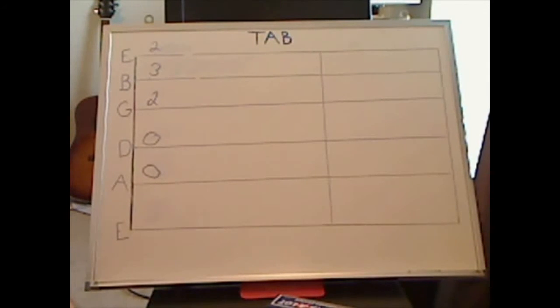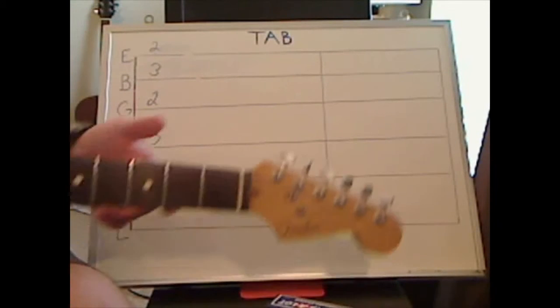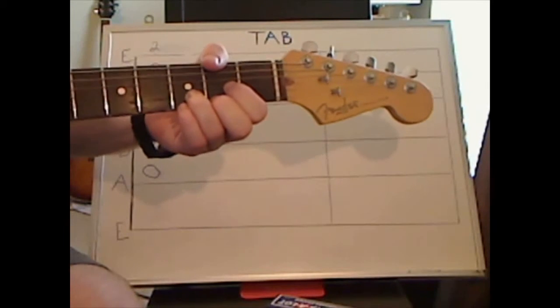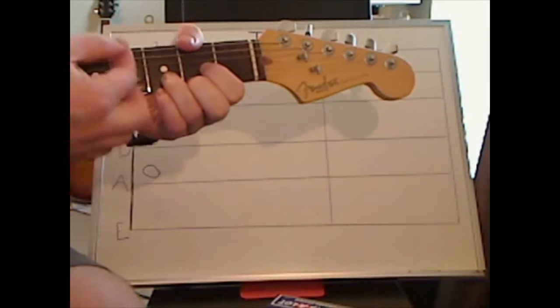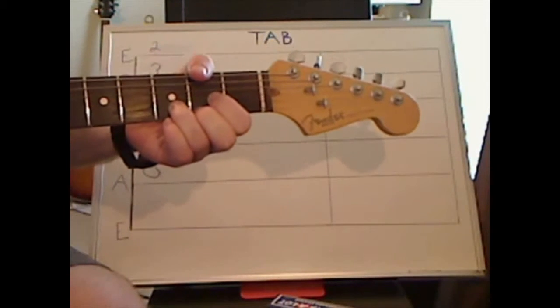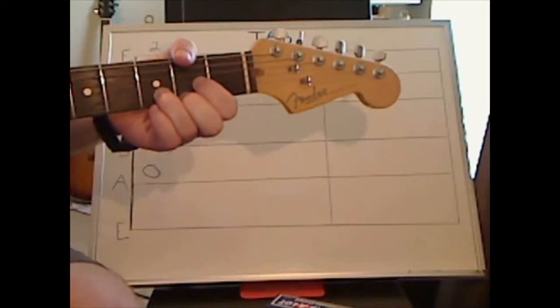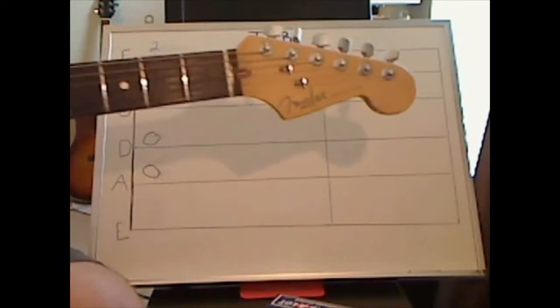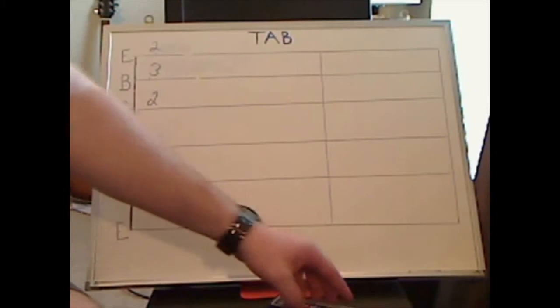It doesn't tell me what fingers to use, but I've got 2nd fret, 3rd fret, 2nd fret, open and open. I have nothing on this string, so I'm just going to mute that one. So what that translates to is my D chord. Okay? I already know what fingers I'm supposed to use. You can figure it out when you're reading tablature, but that's basically how a chord is written.